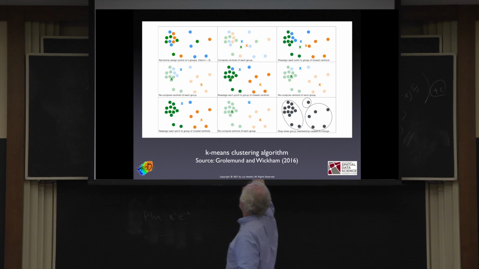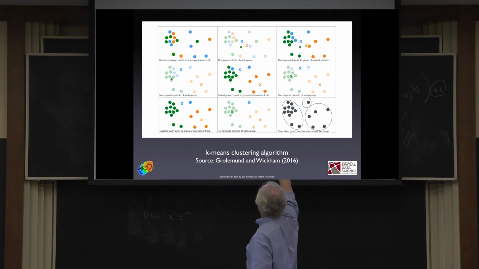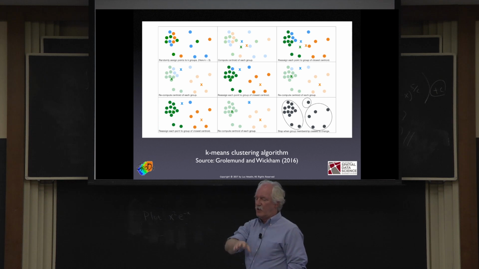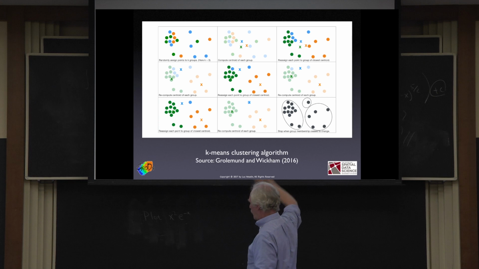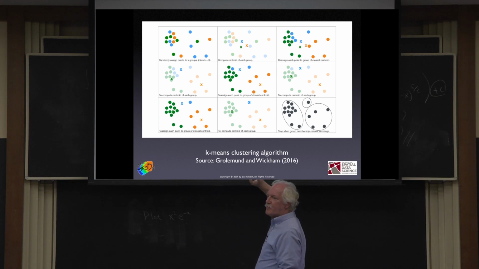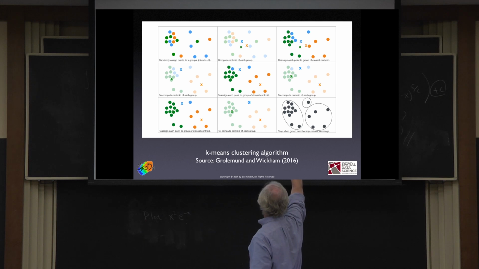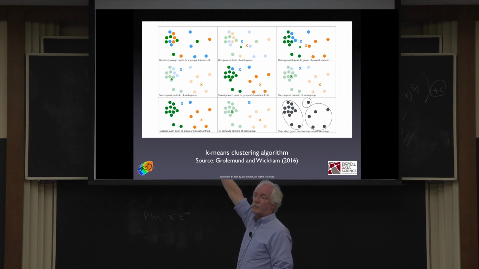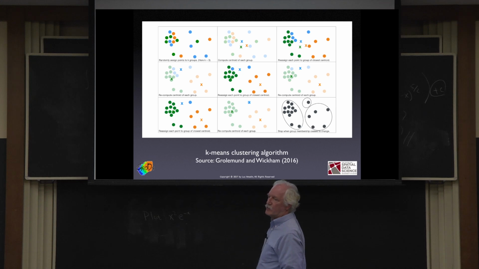Those are the first set of crosses. Then you assign the closest points to each of the crosses. Now, it looks a little weird here. I don't know why they did this, but it doesn't look right. But just ignore that. You put the green points closest to the green cross, the blue points closest to the blue cross, and so on. Then you recompute the centroids of each of these groups, and you start all over until it converges.